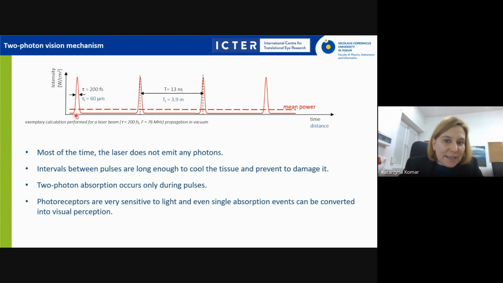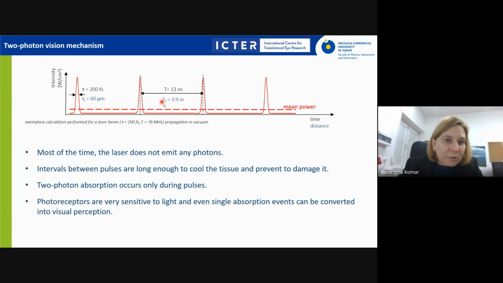So 1000 nanometer, 200 femtosecond pulse width and 76 megahertz repetition rate. The 76 megahertz repetition rate means that the time between pulses is 13 nanoseconds, and pulse width is 200 femtoseconds. So maybe it is not very easy to understand the difference between these two.